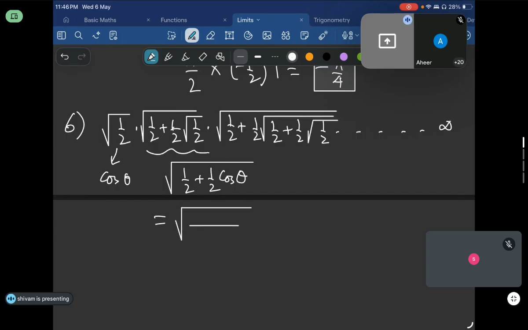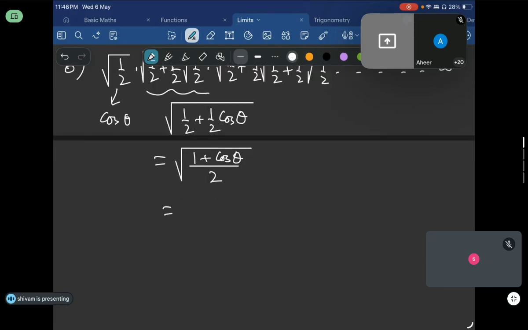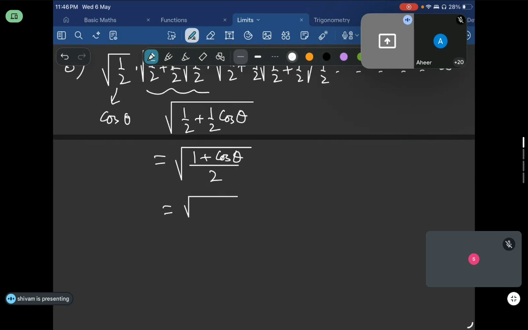Root over 2 as LCM. Numerator is 1 plus cos theta. What is 1 plus cos theta? 1 plus cos theta is equal to 2 cos square theta. So it will become root over cos square theta by 2. What is root over cos square theta by 2? This is cos theta by 2, right, everyone? Okay, are you people able to visualize?